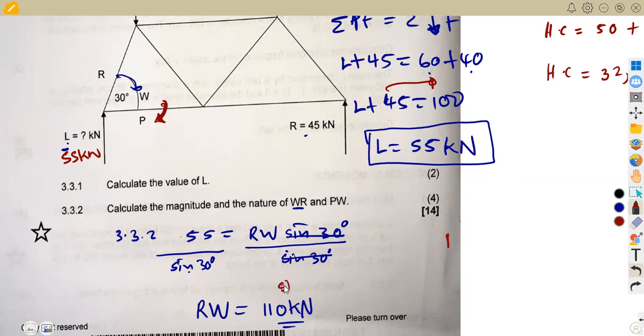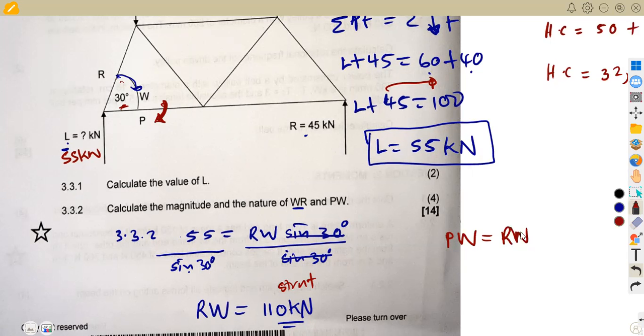So that's a strut here. And if we consider this PW, it's going to be horizontal. Then consider RW to be on the left side. So it's going to be RW cos of 30 because this is on the left side.